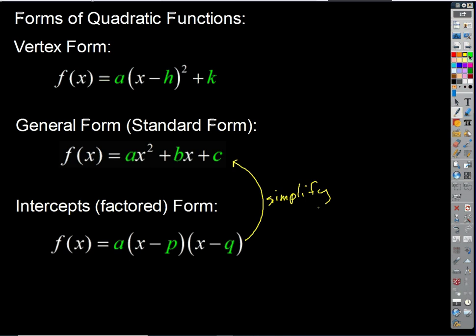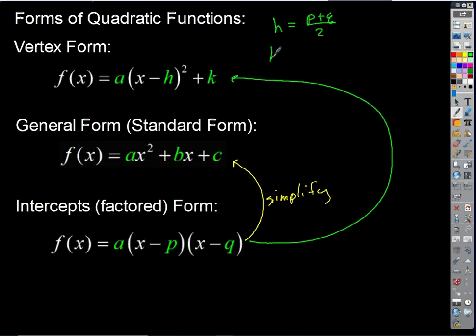If I'm going from intercepts form all the way up to vertex form, I'm just taking advantage of the fact that h is the average of p and q, and k is f of h.